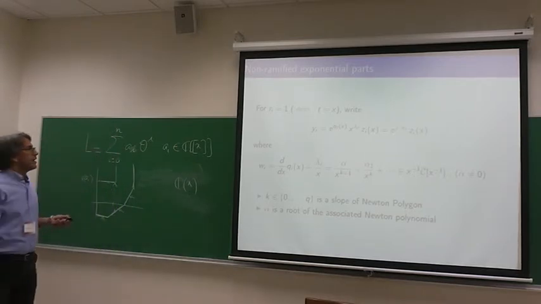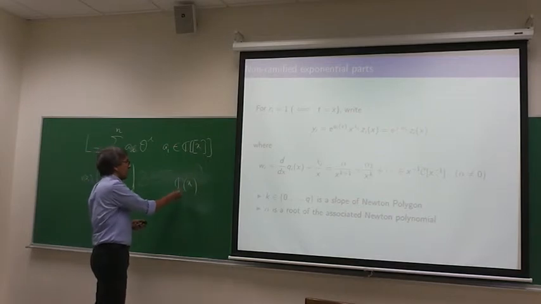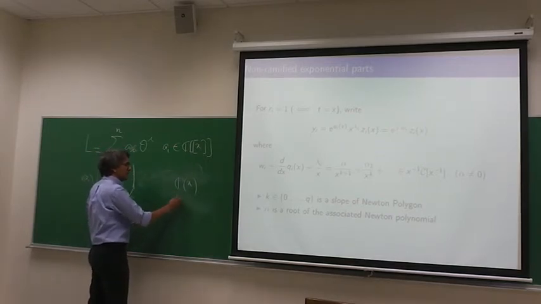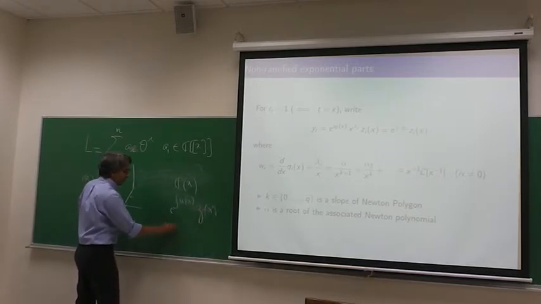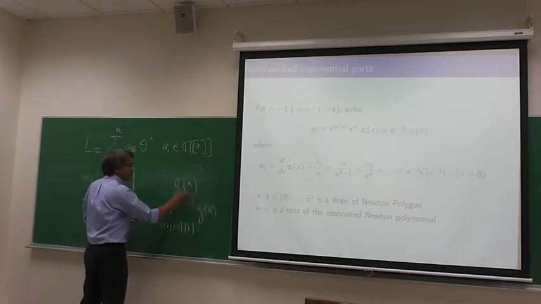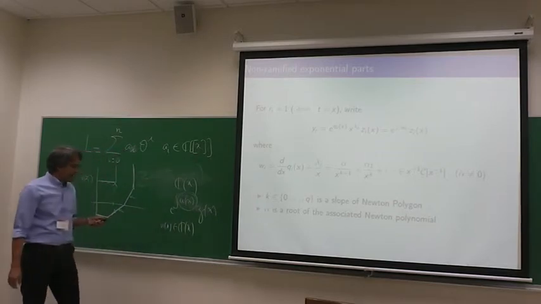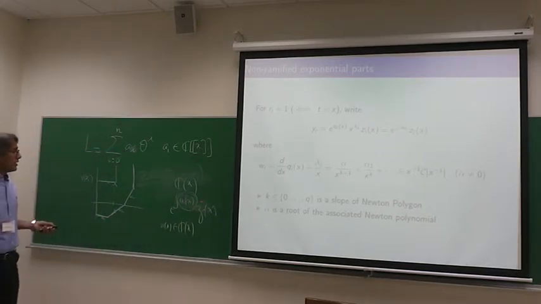If you look for solutions in this form, and you want to determine the U, when you look at the expansion of U, at each singularity the singular part is the exponential part, a formal exponential part at this singular point.